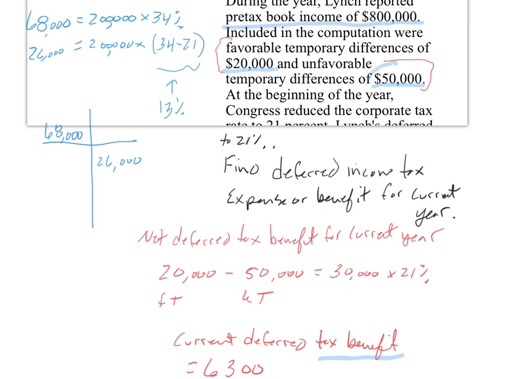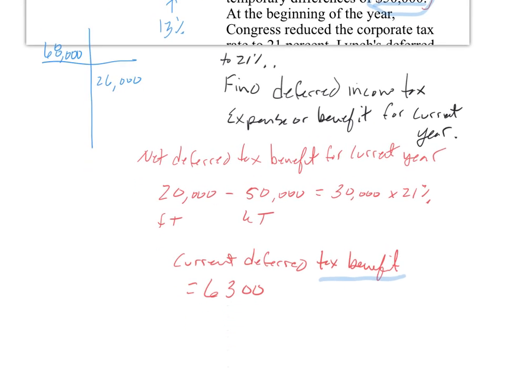That tells us that in the future, those are going to reverse, and that is going to give us a tax benefit. So that is why that is a tax benefit. And so that $6,300 is then going to be a positive adjustment into our deferred tax asset account.